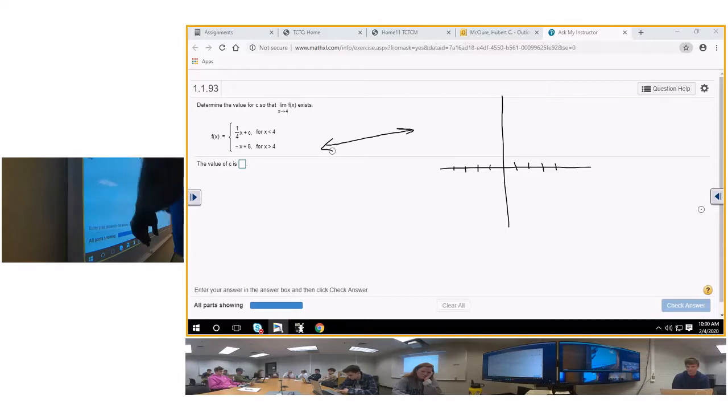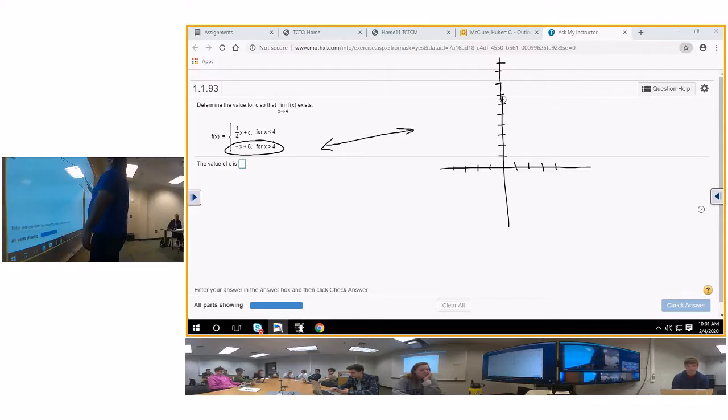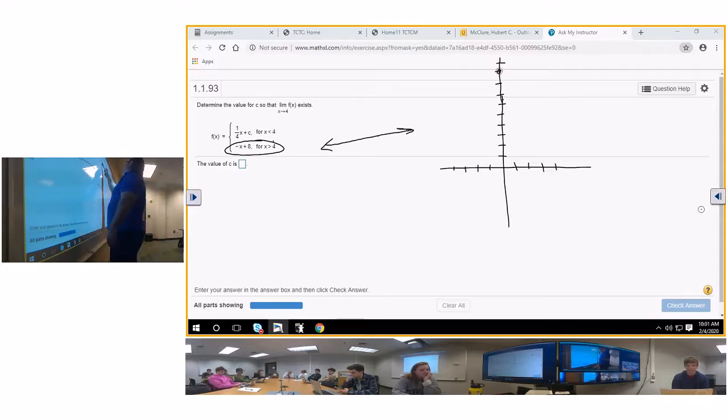This one says negative 1/1, that's a 45-degree angle with a negative slope. 1, 2, 3, 4, 5, 6, 7, 8. Sorry.